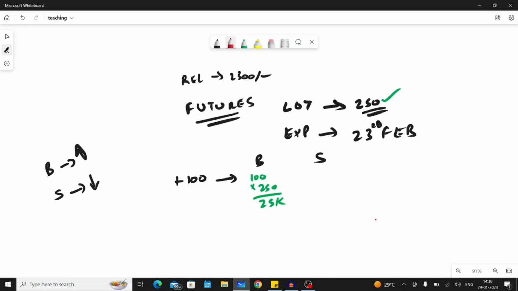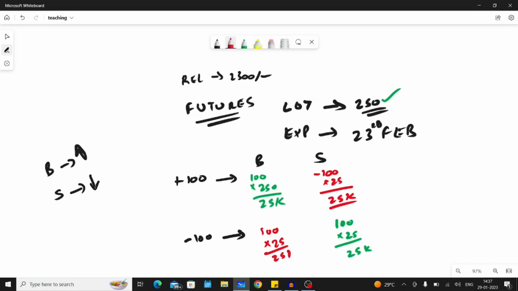Whereas the seller will make a loss of 100 rupees times the lot size, so a loss of 25,000 rupees. Similarly, if the price drops down by 100 rupees, the seller is going to make a profit, right? Yes. The seller is going to make a profit of 100 into 250, again 25,000. Whereas the buyer is going to make a loss of the same 100 into 250, 25,000.